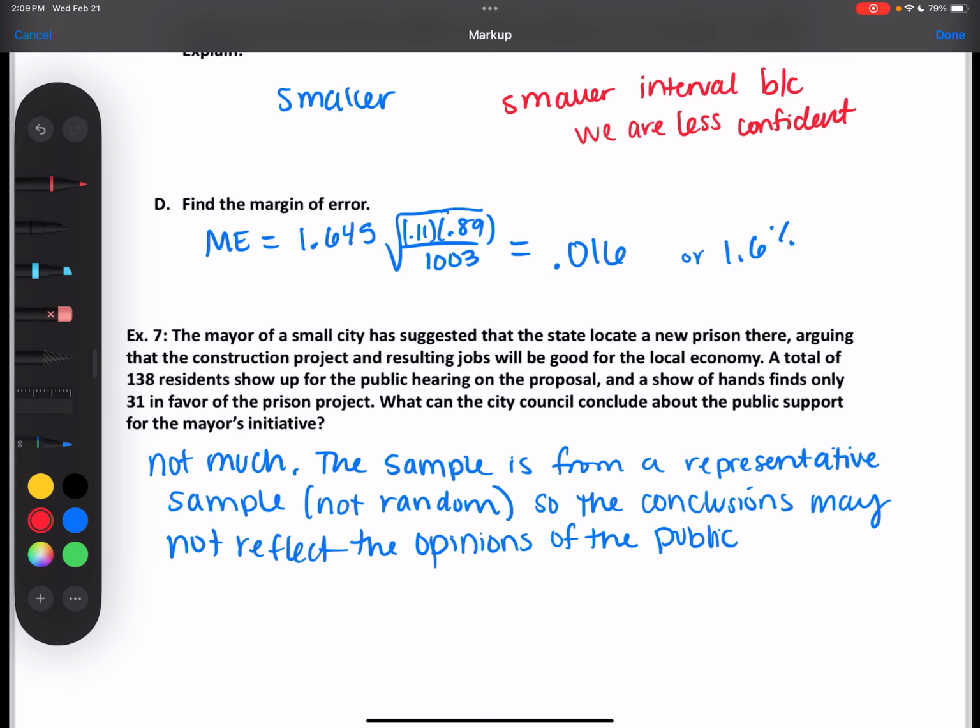And I would say something like voluntary response bias. Only people with strong opinions would show up.